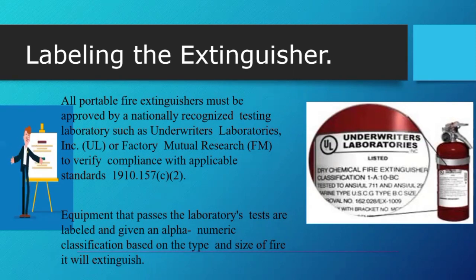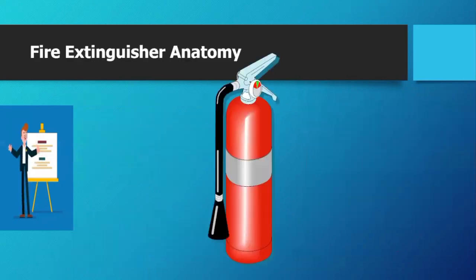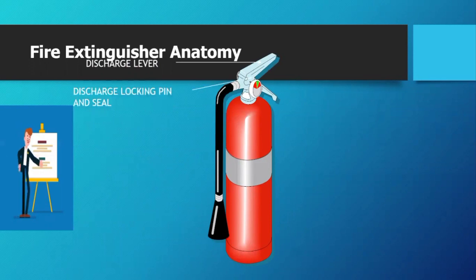Equipment that passes the laboratory's test is labeled and given an alphanumeric classification based on the type and size of fire it will extinguish. Okay, so here are the parts of the fire extinguisher. That is the discharge lever, and this is the discharge locking pin and seal. This is the discharge hose. That is the discharge nozzle.